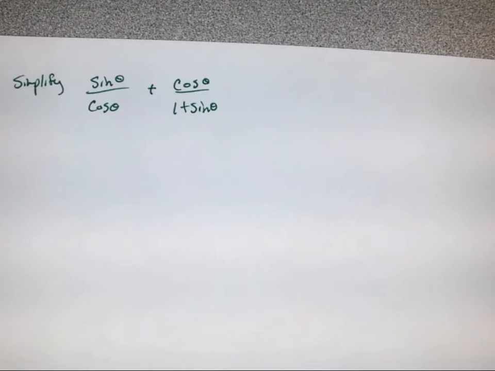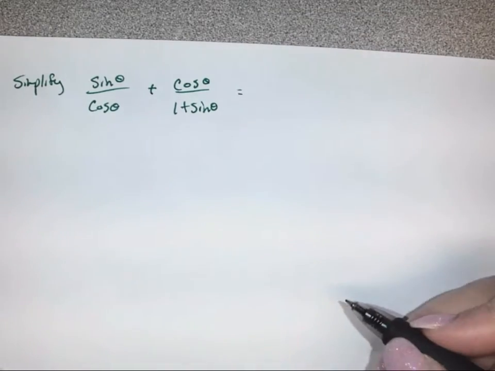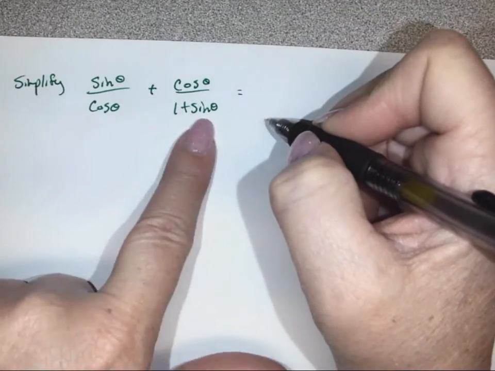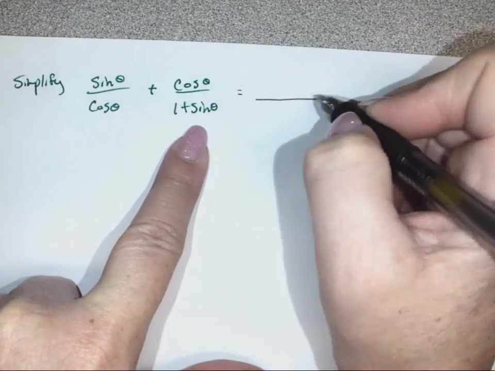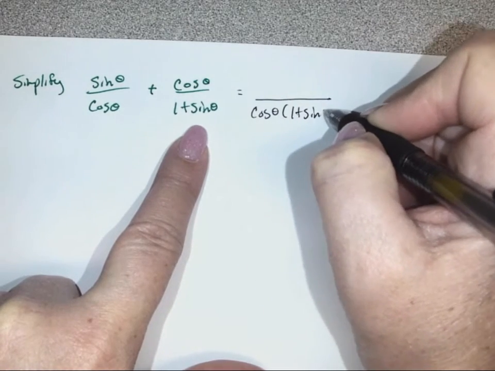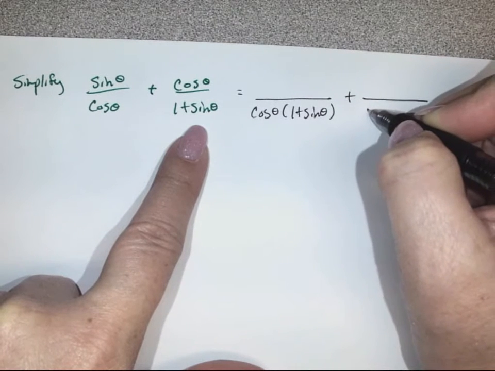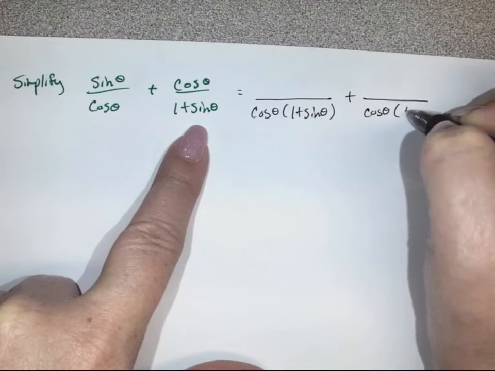So again, we've got to have a common denominator. Everything's already written in terms of sine and cosine, so we're just going straight for the denominator. Our denominator will be these two being multiplied, so we'll have cosine theta times 1 plus sine theta, and here again, we'll still have the same denominator.